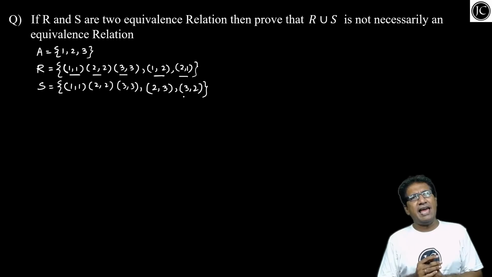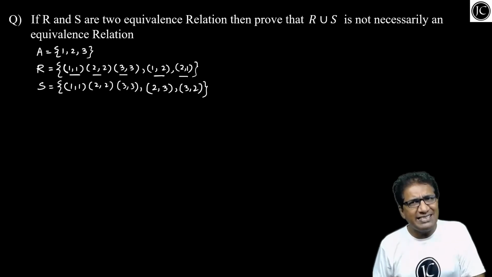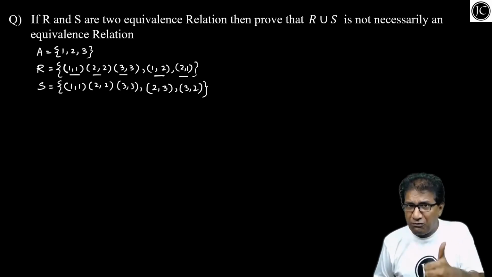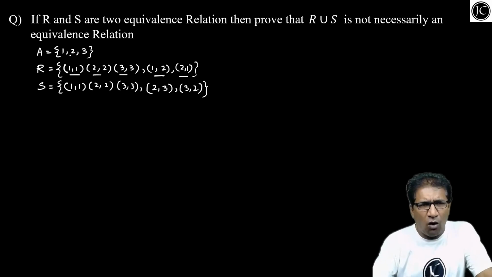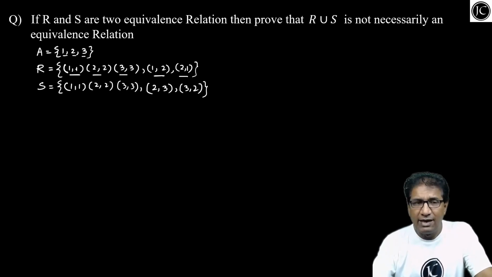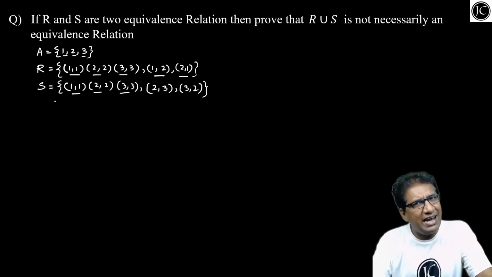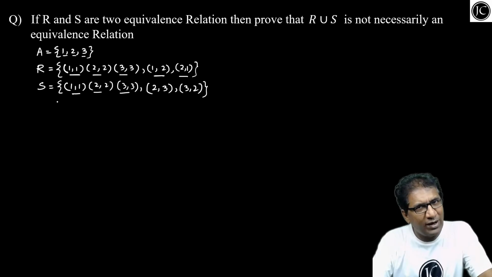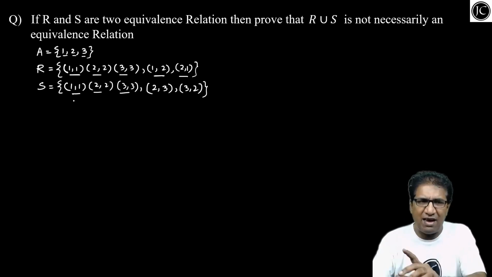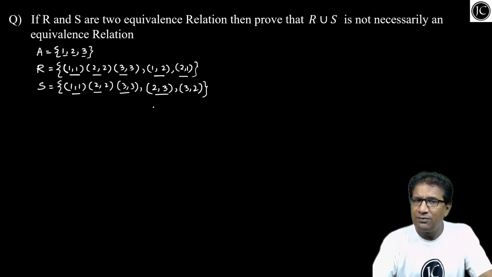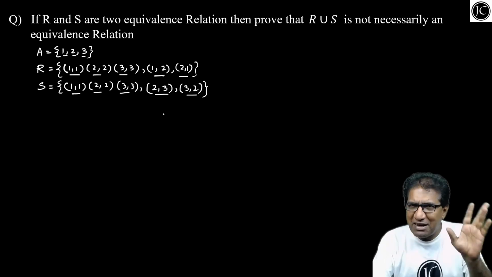Now the question ये है कि S क्या equivalence है? First है reflexive. देखो बच्चों, यहां पर for all the elements present in A, that is 1, 2, 3, their pairs are there in the relation S. Okay? मतलब ये क्या है? Reflexive है. 2,3 है, 3,2 भी है, मतलब ये क्या हुआ? ये symmetric भी हुआ.